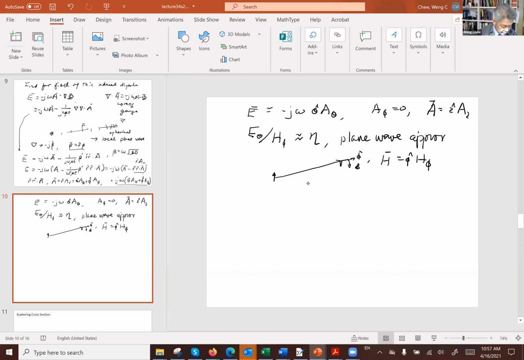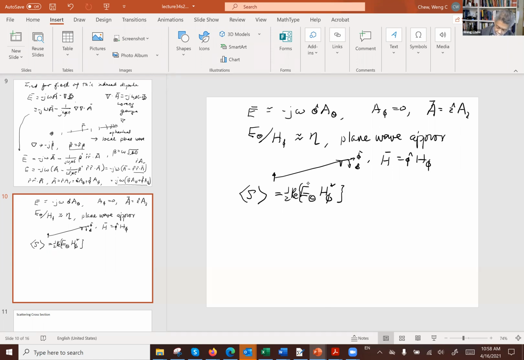And because of that, then you can actually work out the power that you have in the far field. The time average power is given by E theta H phi star. It is actually half the real part of this, but then you find that this quantity is always real.